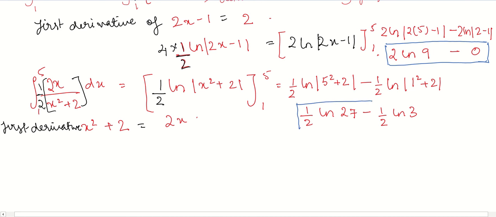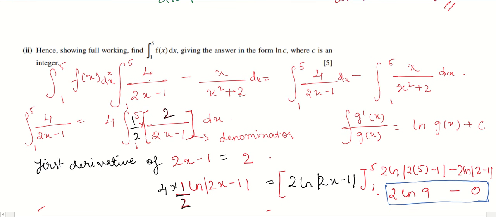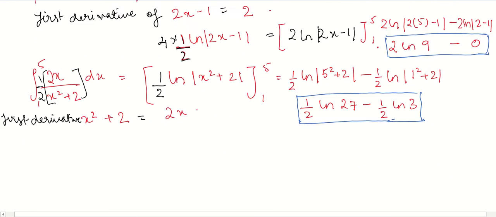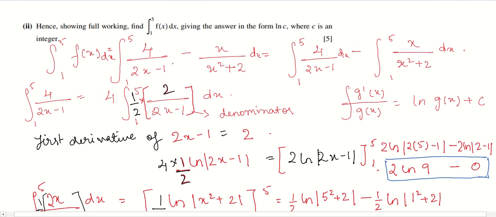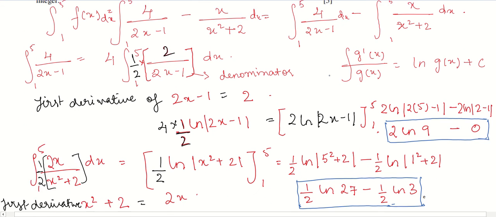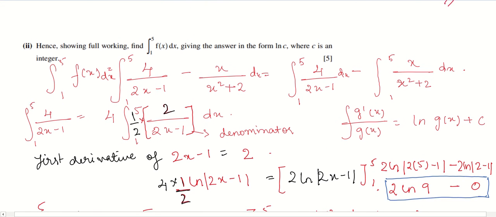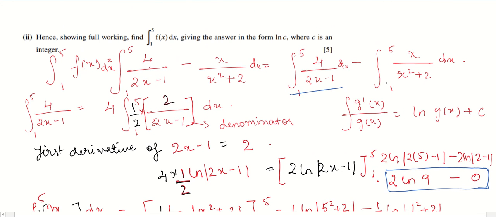Now let's see what our question asks us, then I'm going to come back to this part. It says giving the answer in the form of ln c, where c is an integer. So we have basically this and this. If you look at the beginning, it's going to be this integral which we have found, minus this.